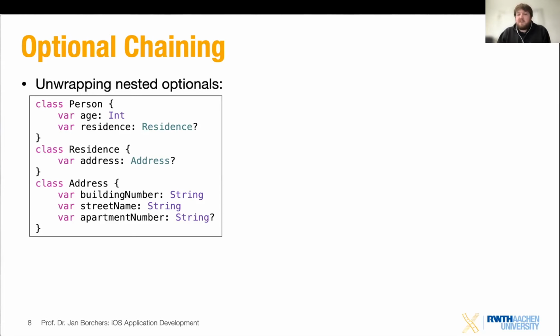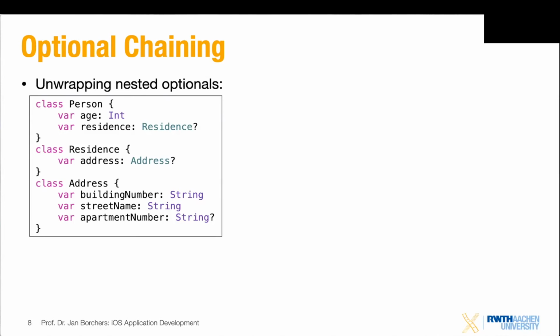So Tarek, you have a question. If I declare the variable residence as an optional, and residence had multiple variables, are all of them optional too, or do we have to specify those individually like you did here? Well, residence is here the own type, and the type is then defined afterwards.